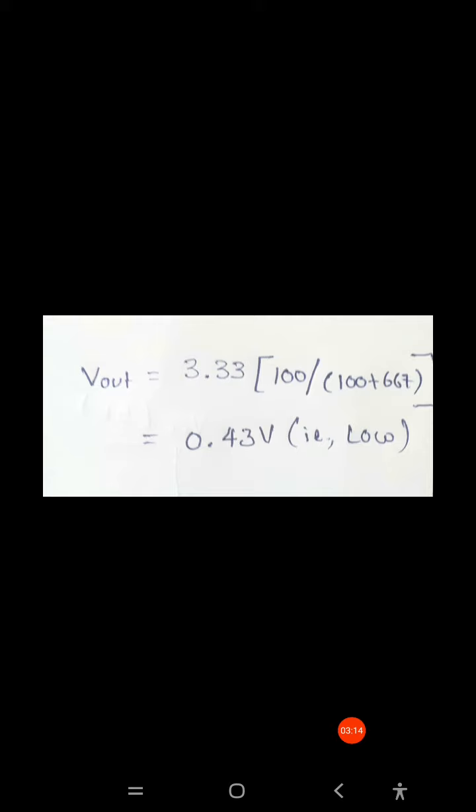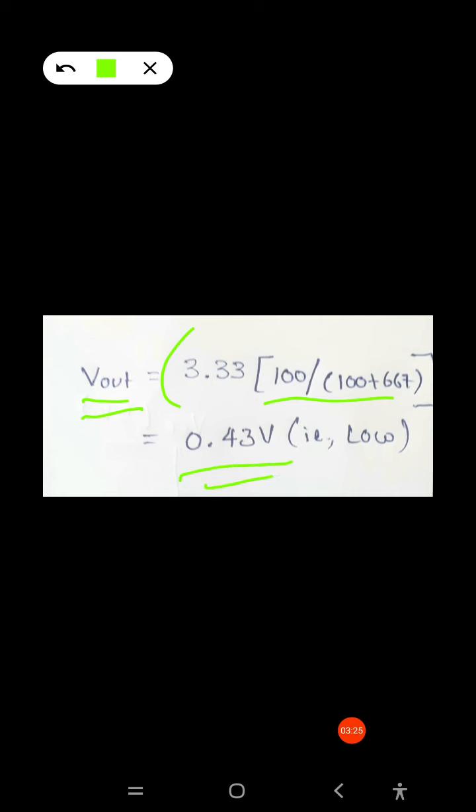Here we have applied the high input, so we should get the output as 0 volts, but practically it is not 0 volts. For the total circuit, V out is 3.33 times the equivalent resistance, so the output is 0.43 volts.